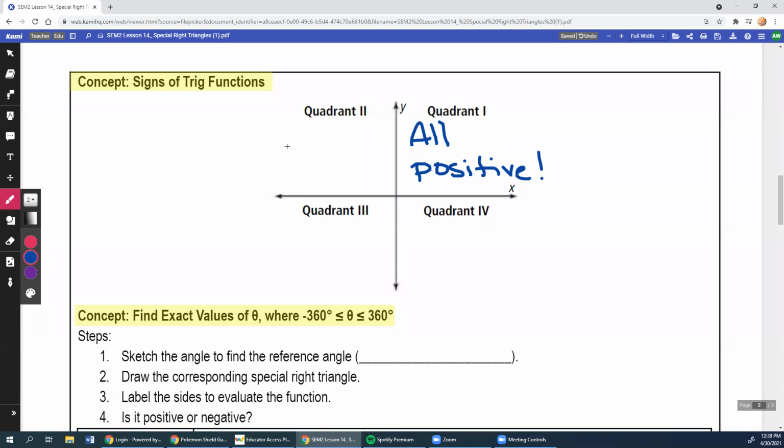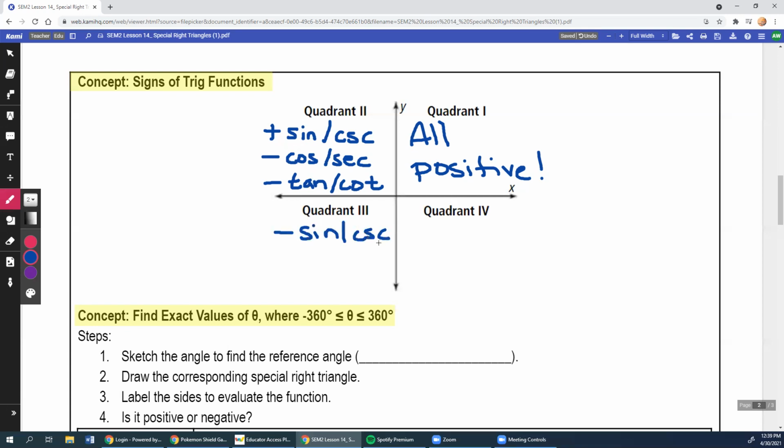In quadrant 2, the only thing that is positive is going to be sine and cosecant. Cosine and secant are negative, same with tangent and cotangent. So if your angle lands in quadrant 2 and they ask you for a cosine, your answer is going to be negative.